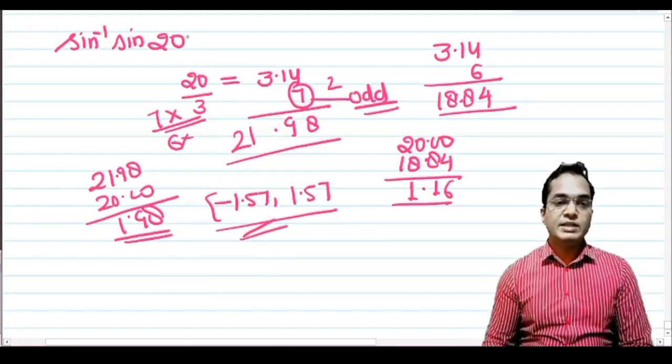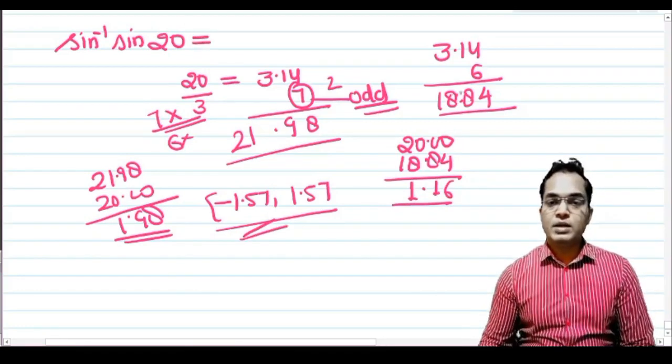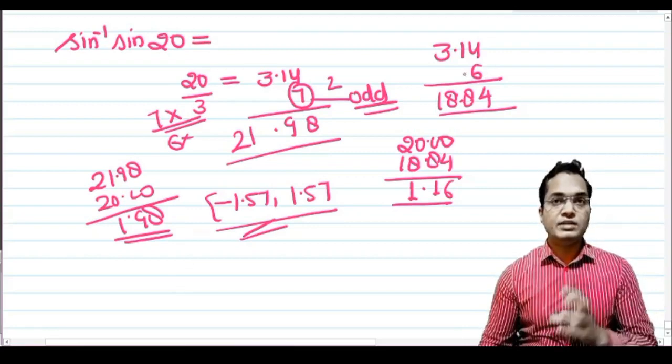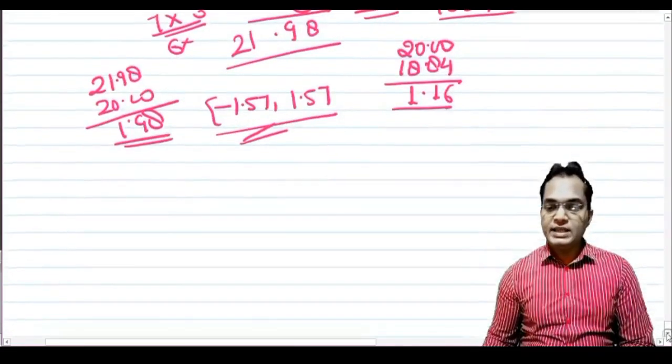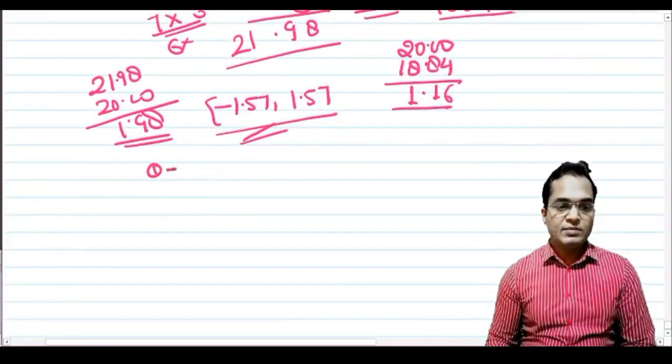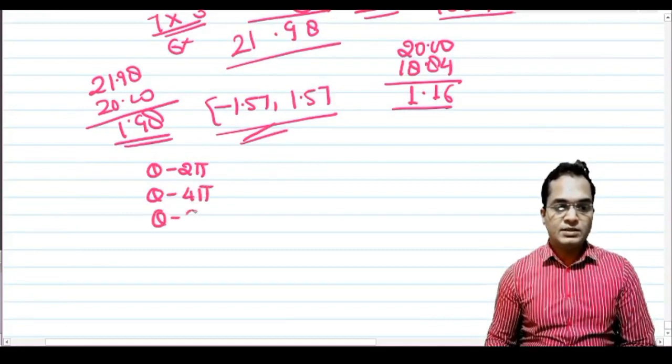That's why we can write this by the even multiple. And what is the category of even? The category of even is like this: theta minus 2 pi, theta minus 4 pi, theta minus 6 pi.